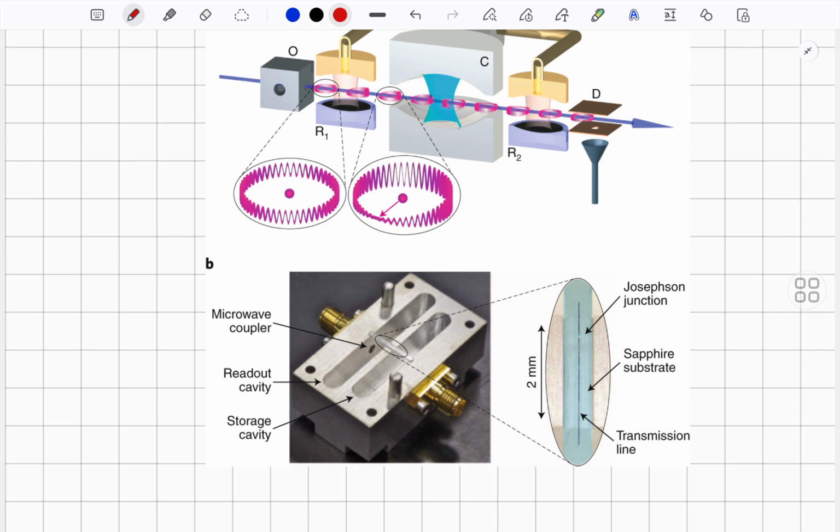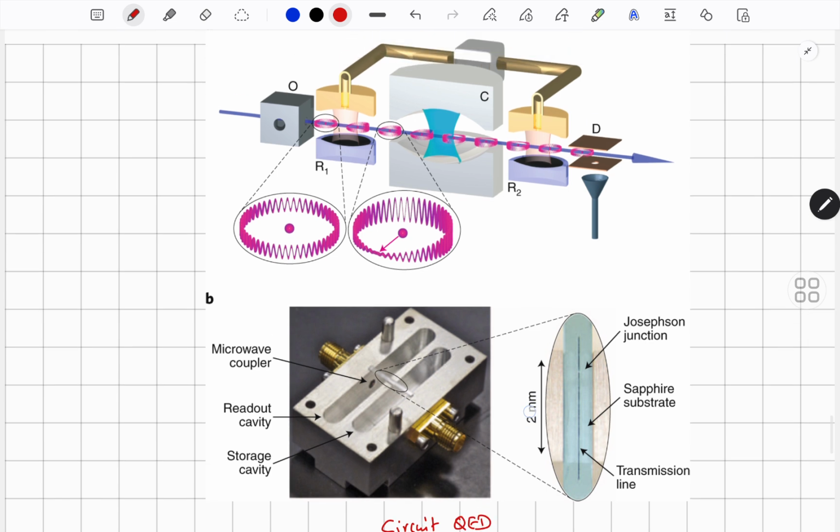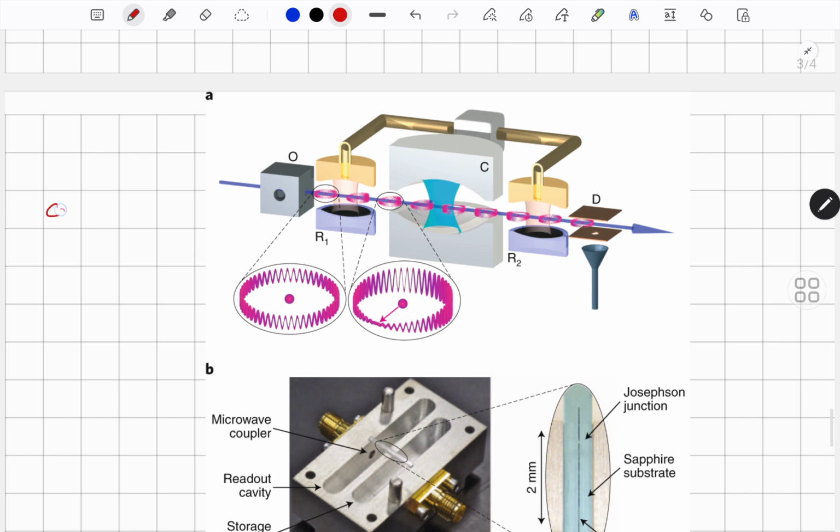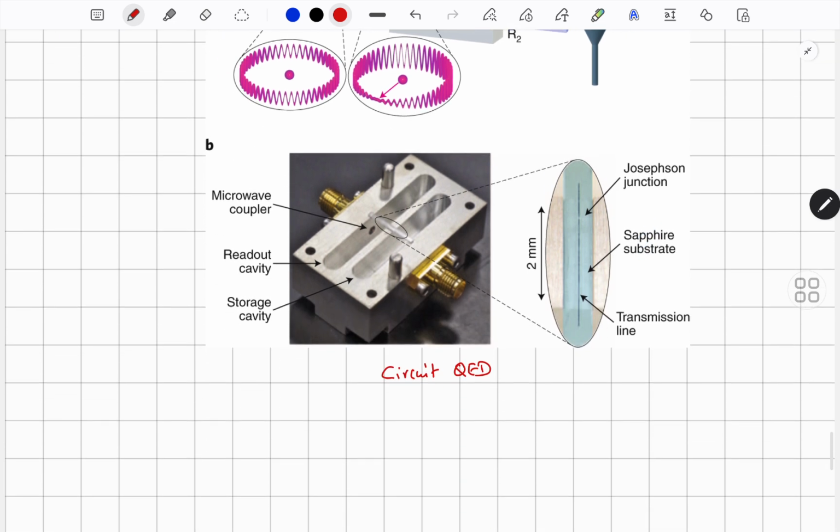That kind of setup is called a circuit QED setup, and a setup based on the cavity is called a cavity QED setup. So this is a schematic for cavity QED, and this is the schematic for circuit QED.